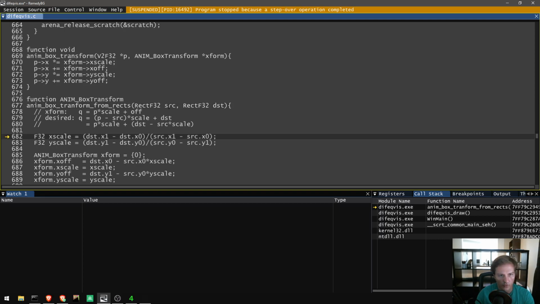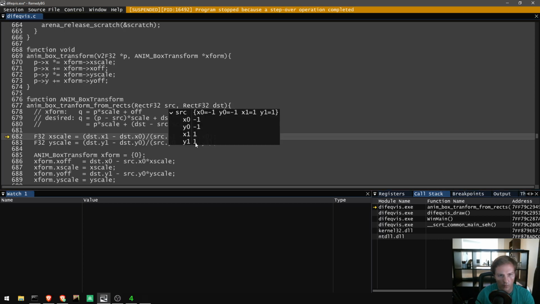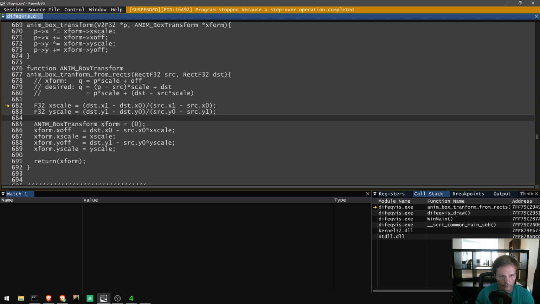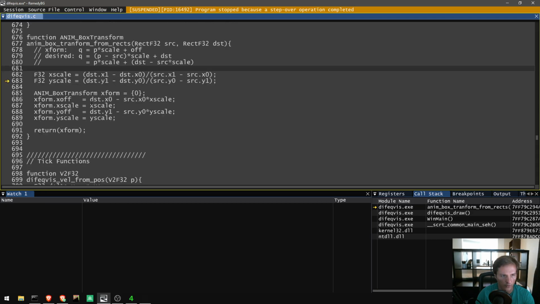So we're now taking a source rect of -1 to 1, 1. So that'll give us a 2 there. This gives us a range of 84, so we get like 42, right, is our x scale. 84 again, but with a -1 on bottom, we should get -42.